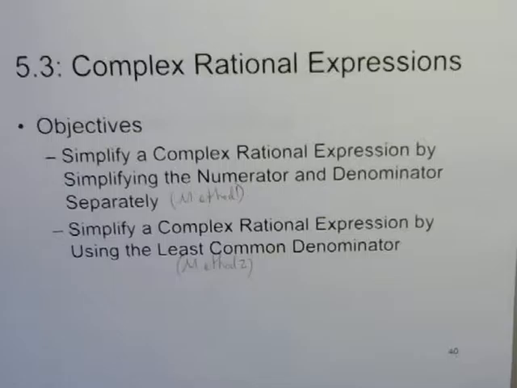If you think back to problems you might have done when you were younger, where you had to add and subtract fractions within fractions, we're going to use the same method we did there, except now the fractions won't just contain numbers. They will contain x's and things like that.